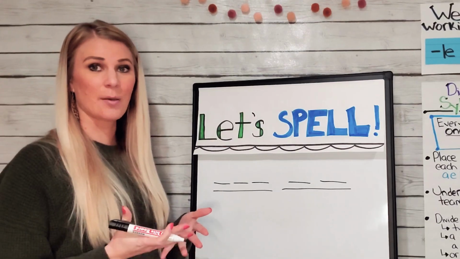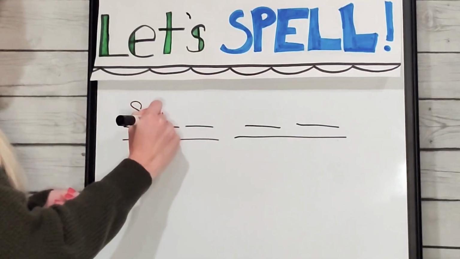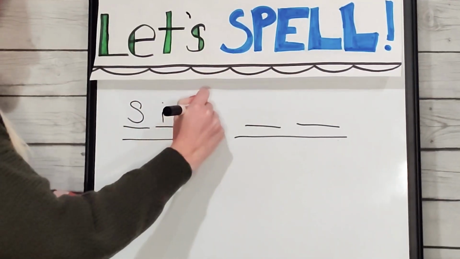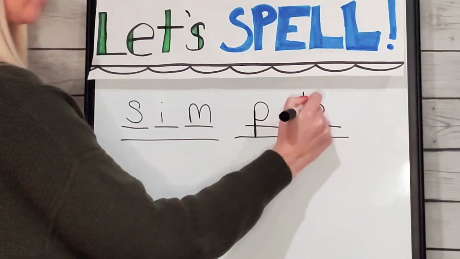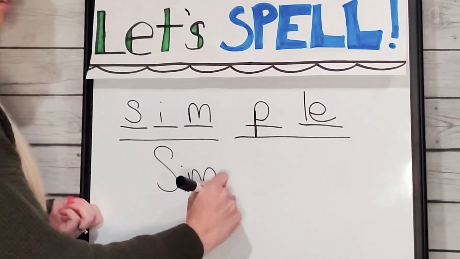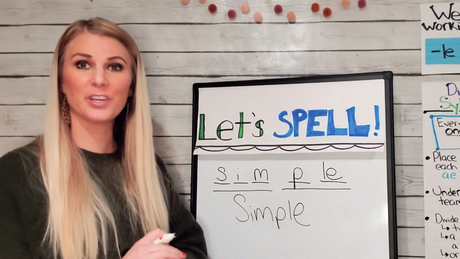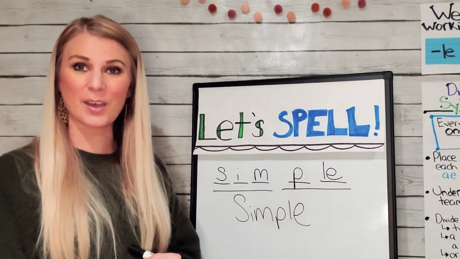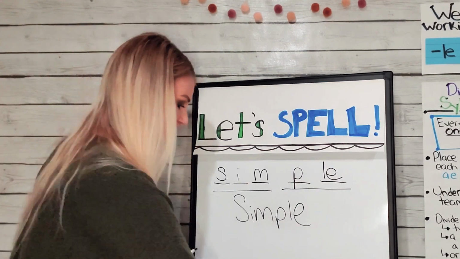Okay, the letters that match those sounds, here we go. S, I, M, P, and that L-E again at the end of the word. We built the word simple. That was pretty simple if you do the work step by step. Great job, readers. We've got one last word we're going to spell today.